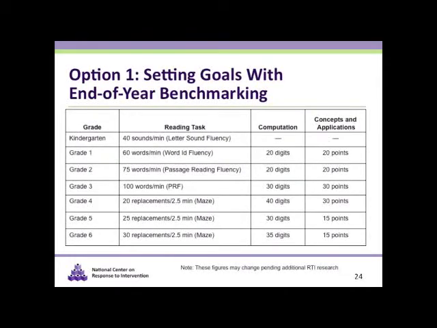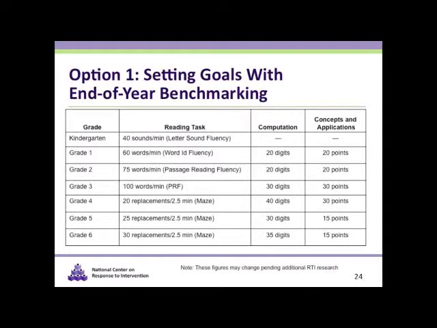Here are sample end-of-year benchmarks. Remember, the benchmarks you will use depend on which tool you have selected, as well as other factors such as additional analysis conducted for your specific population. Benchmark scores can be based on norms. In that case, the benchmark represents the number of students who have taken this CBM in fall, winter, and spring.